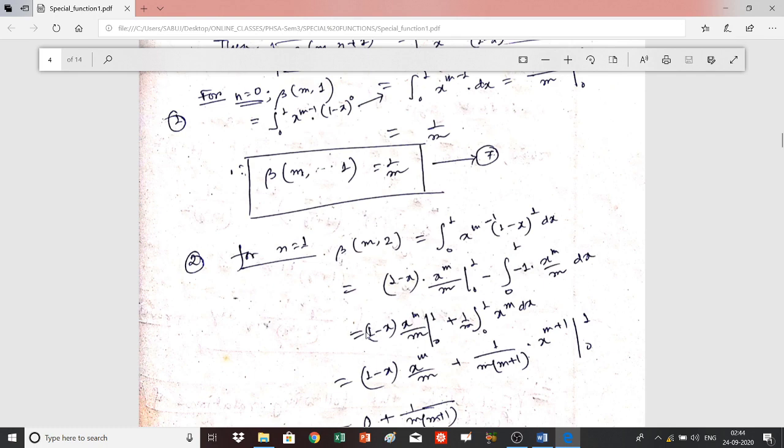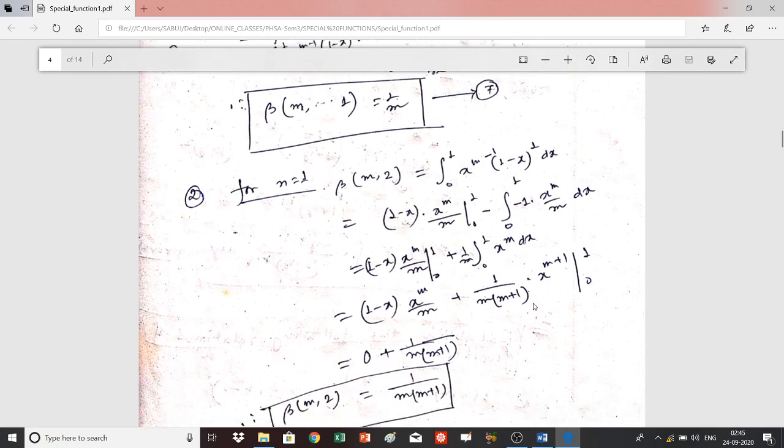So that is equal to (1 minus x) times x to the power m by m from 0 to 1, plus, and this minus this minus will give you plus, 1 by m times the integral from 0 to 1 of x to the power m dx.